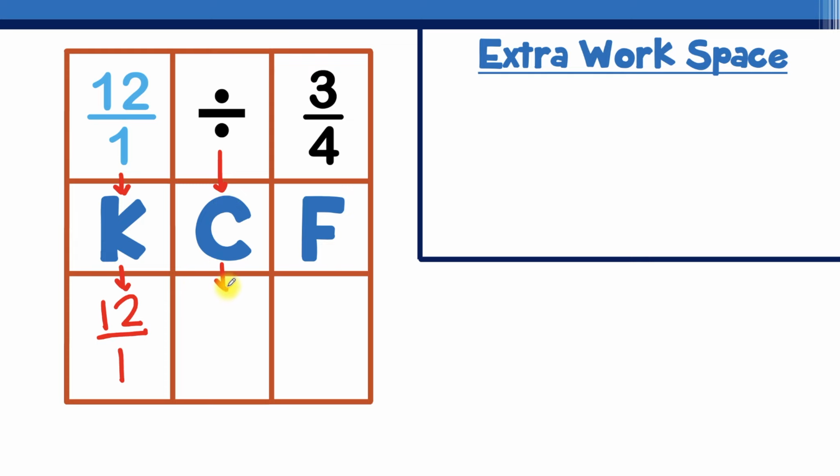So in this box here, we'll write the opposite of division, which is multiplication. And finally, we'll take this fraction 3 over 4 and we're going to flip it so that the top becomes the bottom and the bottom becomes the top. So we're not going to have 3 over 4 anymore. Instead, we're going to have 4 over 3.